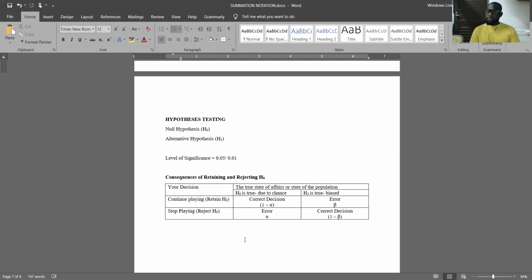Then we set up a rule. Whenever we flip the coin and it is tail, it means I'm supposed to dash Caleb 10 cedis. But when we flip and it turns out to be head, Caleb is supposed to give me 10 cedis.